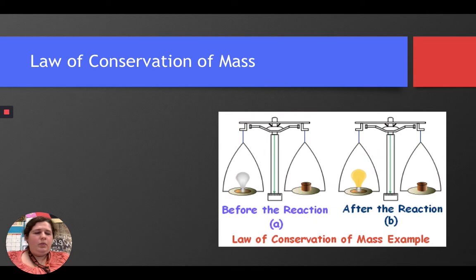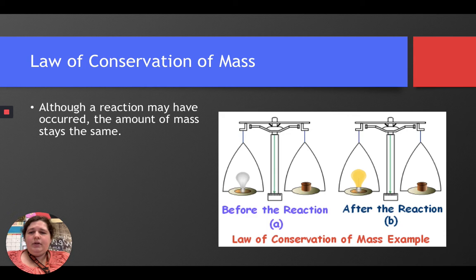All right, while we are talking about physical and chemical changes, let's talk about the law of conservation of mass. The law of conservation of mass states that although a reaction may have occurred, the amount of mass always stays the same. If I start out with 10 kilograms, I better end up with 10 kilograms.